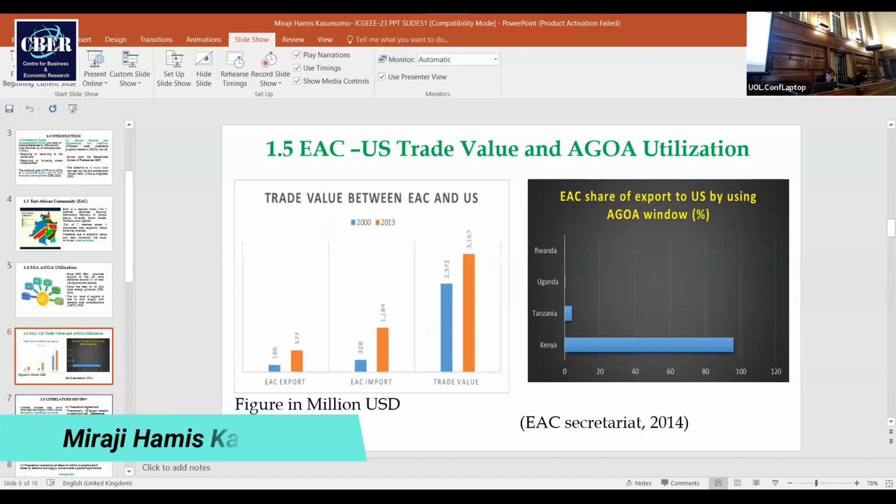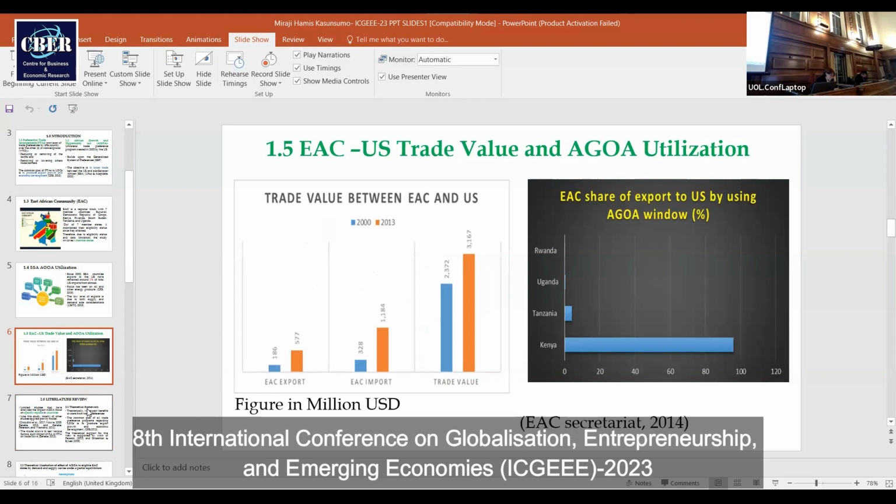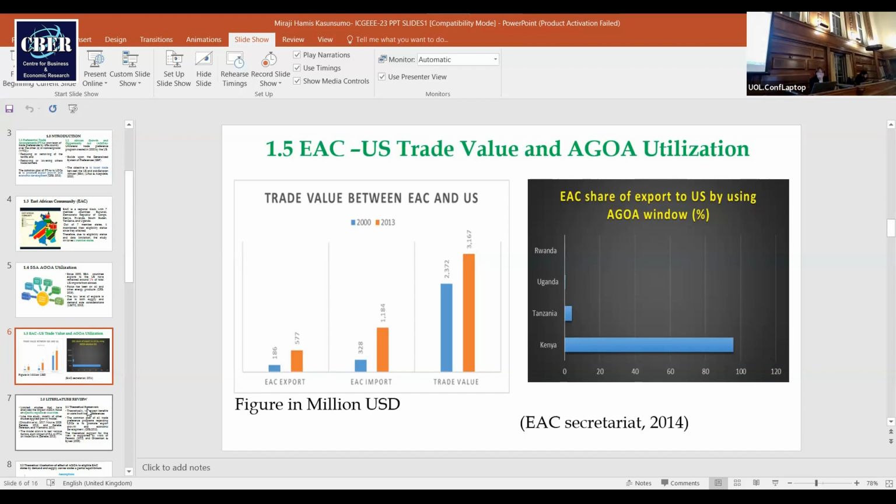Another issue is the share of trade between EAC and the US. The analysis conducted by the EAC Secretariat in the year 2014 shows that exports from EAC in 2000 were 186 USD million, and in 2013 became 577 USD million. But imports went from 128 USD million up to 1,184 USD million.